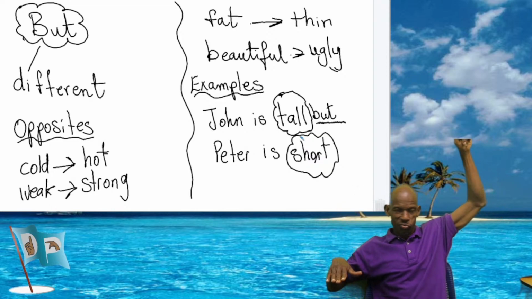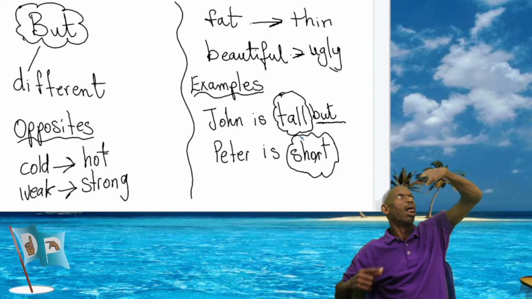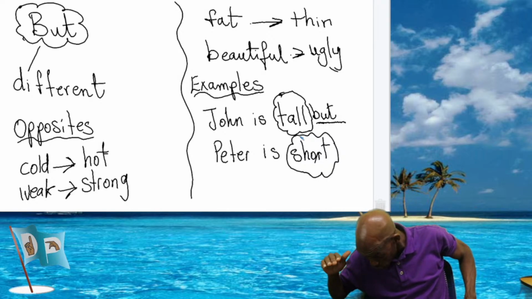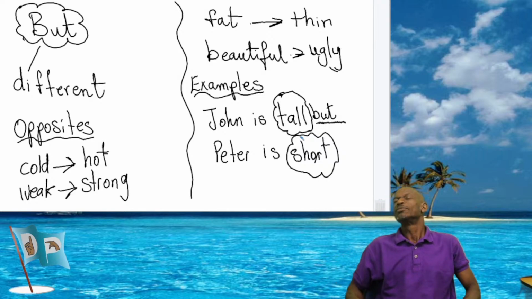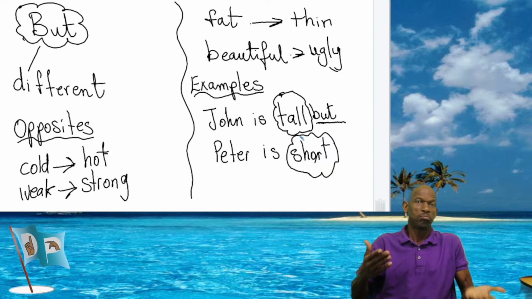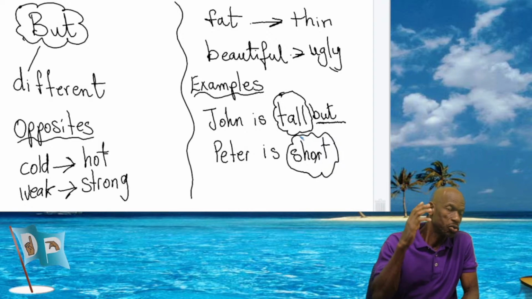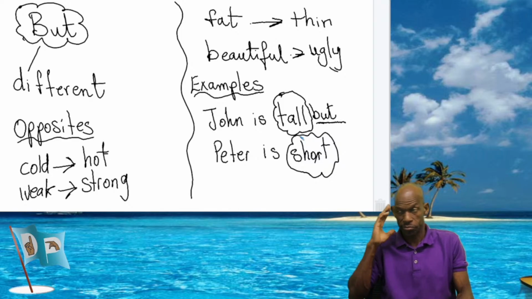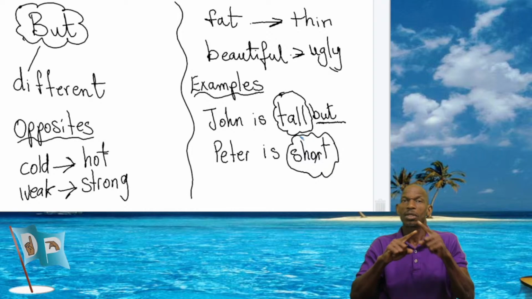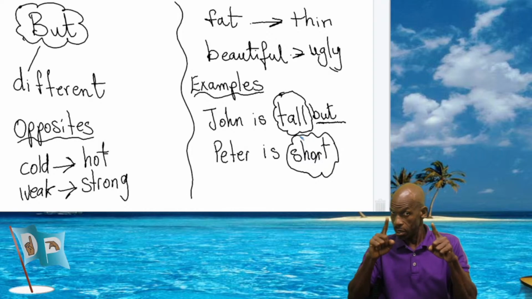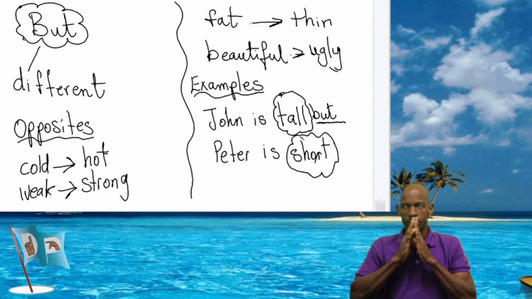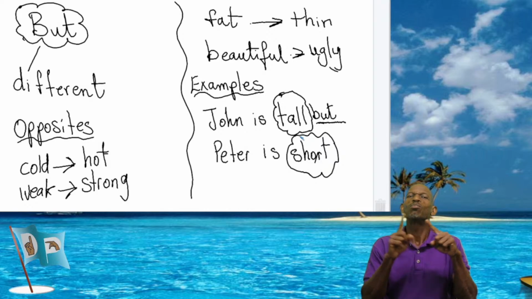So John is tall, but Peter is short. And they may be brothers. You're talking about brothers or something like that. So you're comparing them. All right. So I'm looking at "but," which joins ideas that are different.